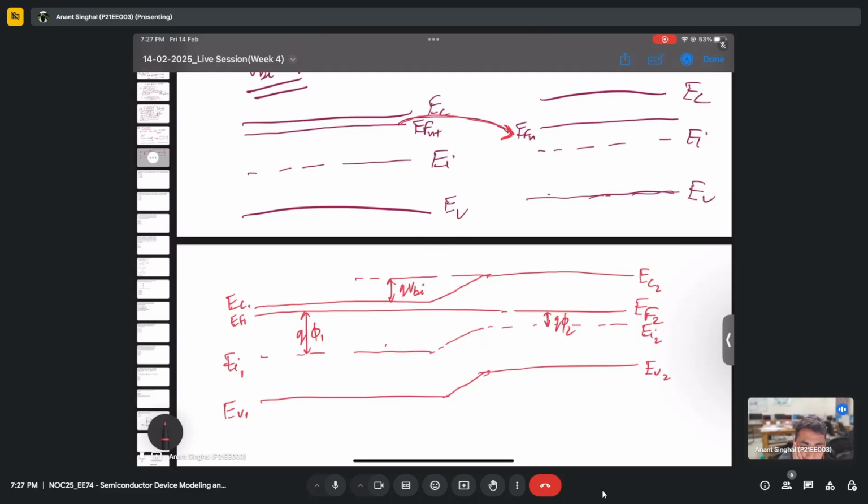Has anyone made this band diagram? If you have made this, then only you will be able to solve this problem. Otherwise, you can't. Anyone who has made this or understood how I made it?